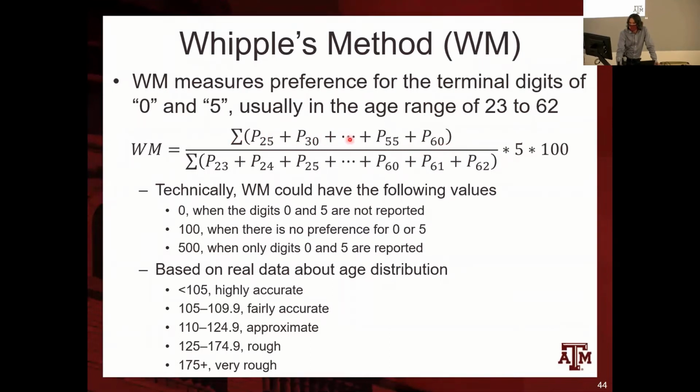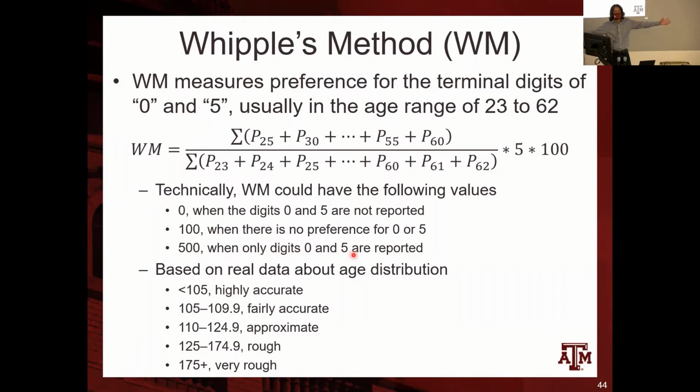The number we add in the numerator is going to be the same as the one in the denominator, because we will have nobody at 23, nobody at 24, nobody at 26, nobody at 27. So when I add all these numbers, it is the same as adding everybody else. This number divided by this number, equal numbers, equals 1. Times 5, 5. Times 100, 500. That is when only digits 0 and 5 are reported.